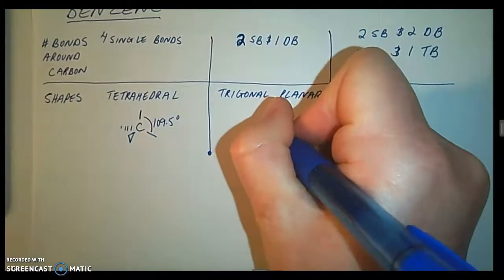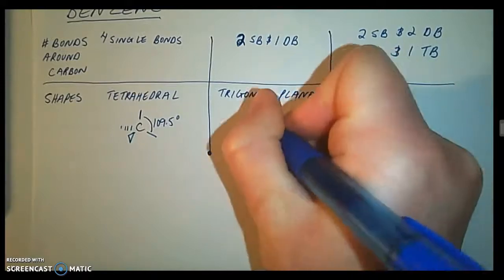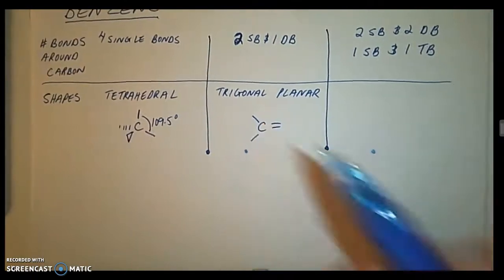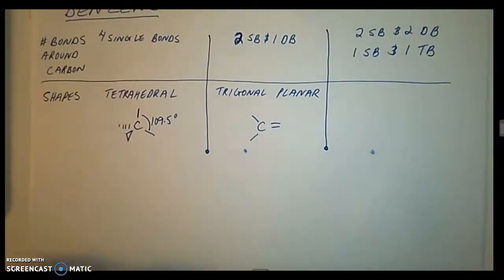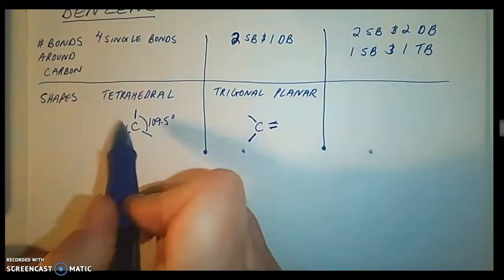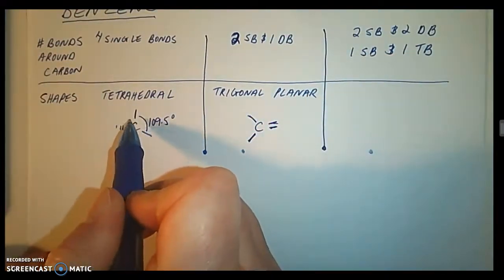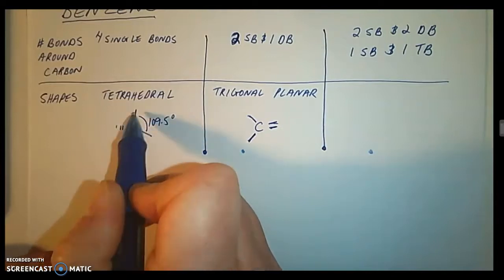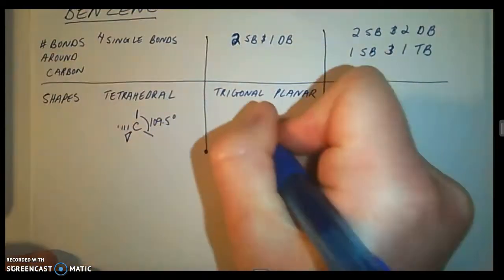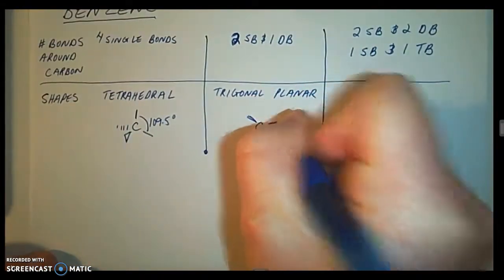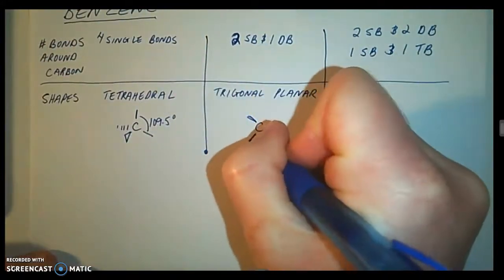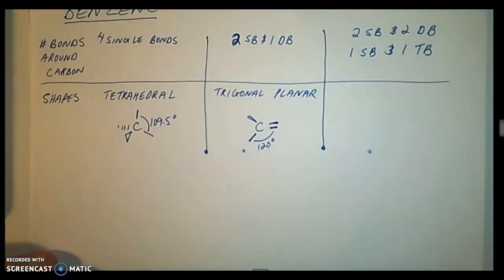So this is when carbon is making a double bond and 2 single bonds. In this case, we're only using one plane of the molecule, so I can represent all the bonds lying in the same plane. Whereas with the tetrahedral one, I use this wedge and dash notation to show bonds coming out of or going into the page. Here, all of these bonds are lying right up against the page. So it makes a nice flat triangle, and the bond angle is 120 degrees.